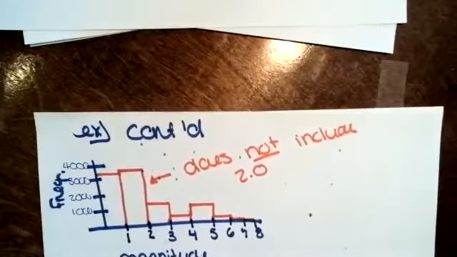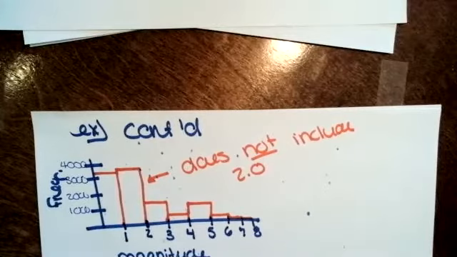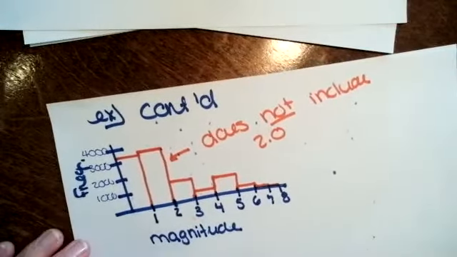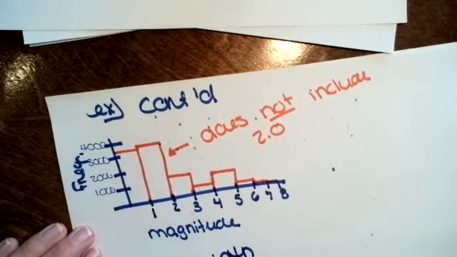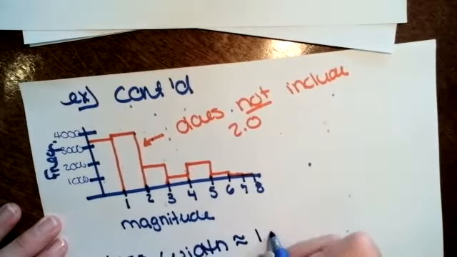And that's just called the class width or class size. So if we want to know how to find this width, so we have our class width, and it's approximate. It's not exact. It's my largest data value.